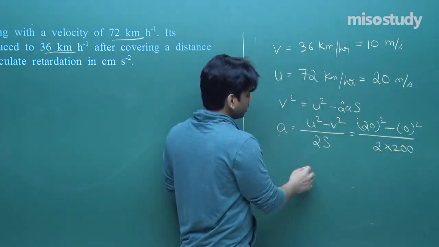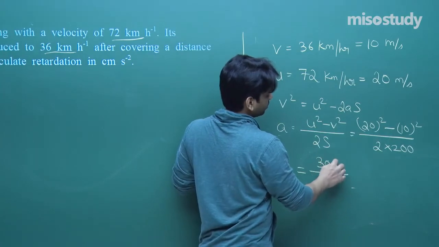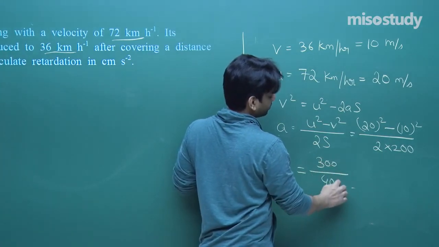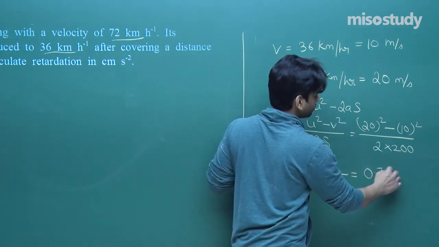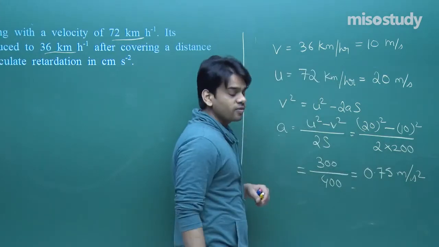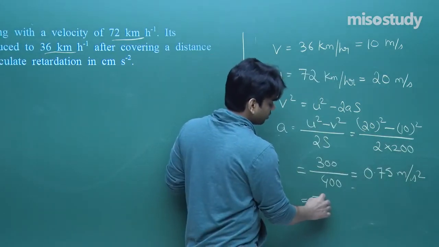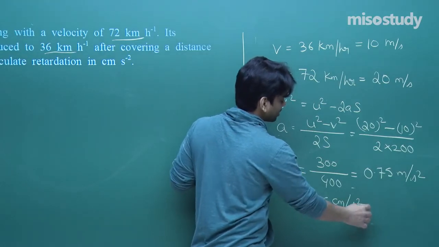S is 200. So 400 minus 100 will give you 300 divided by 400. You are going to get 0.75 meter per square second, 3 by 4, 0.75. In terms of centimeter, it will be 75 centimeter per square second.